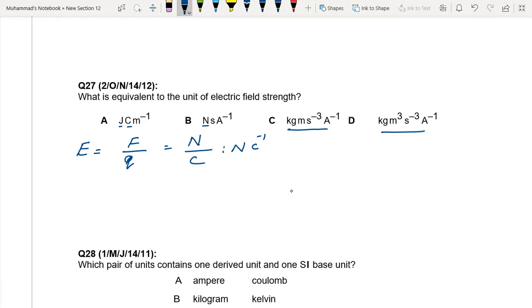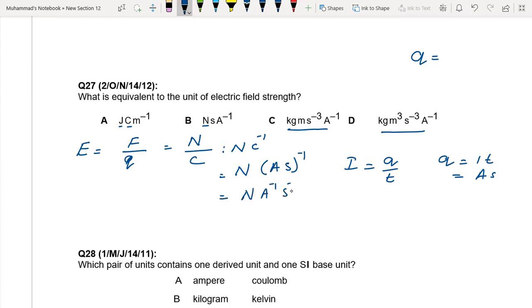And you know that current is defined as Q by T. So coulomb is I into T, that is ampere second. So if I put this as ampere second, Newton per coulomb is Newton A minus 1 s minus 1.